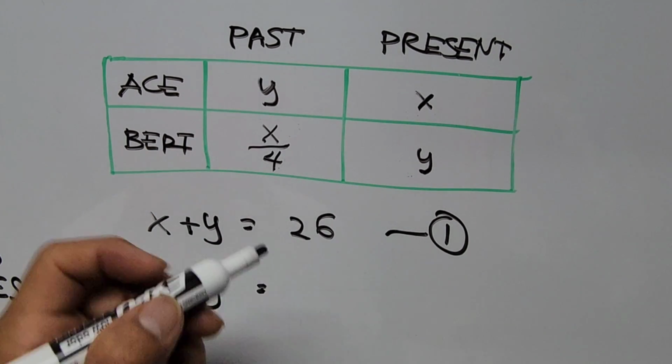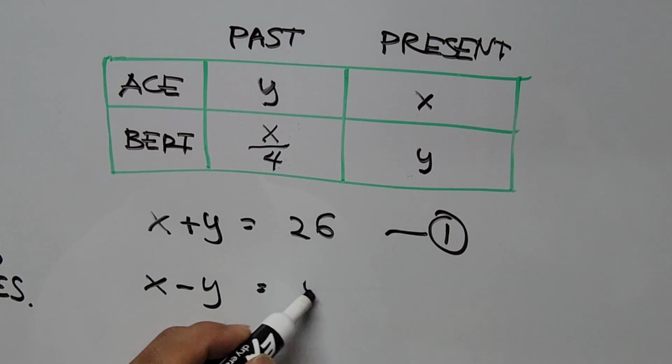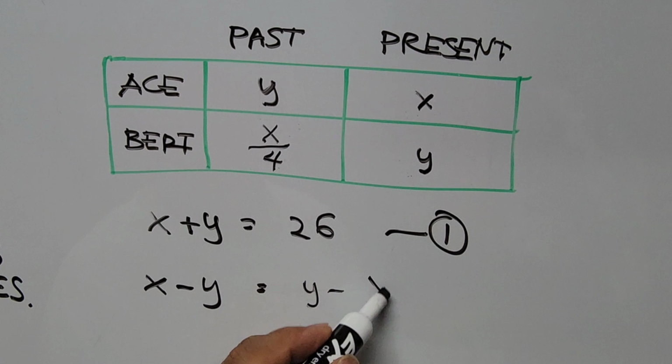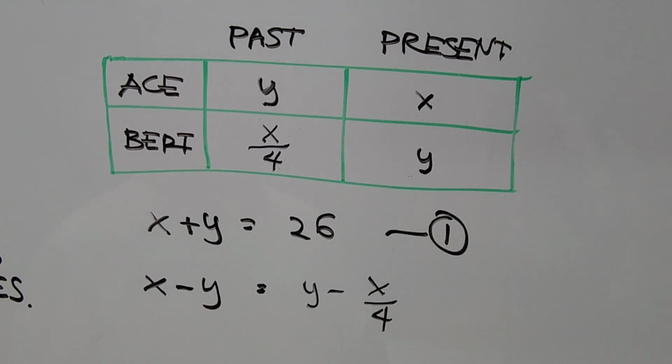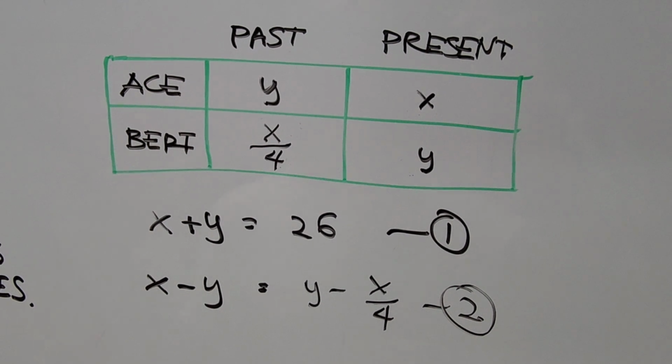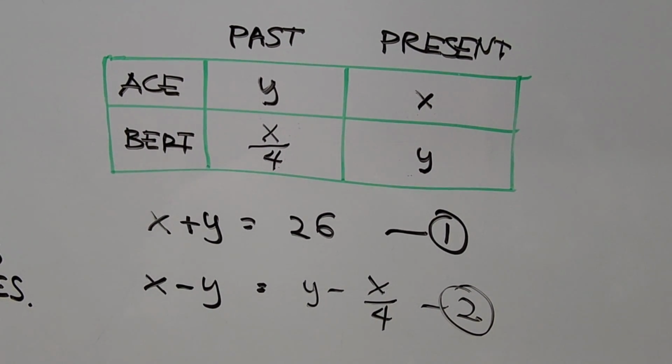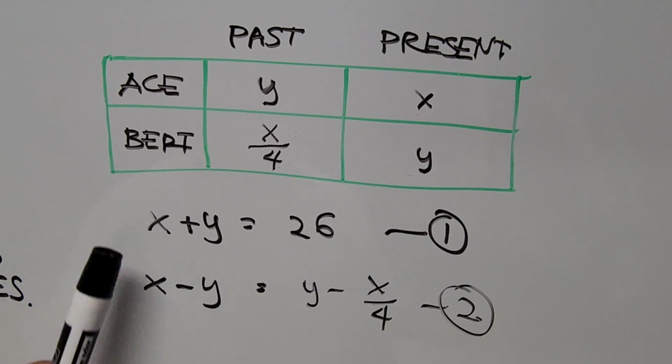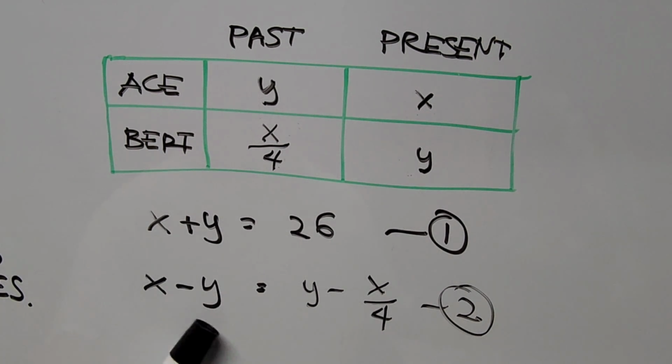Okay, so this is now y minus x over 4. All right, so that is our equation 2. So now we have two equations and two unknowns. So we can now solve for our variables x and y, right?